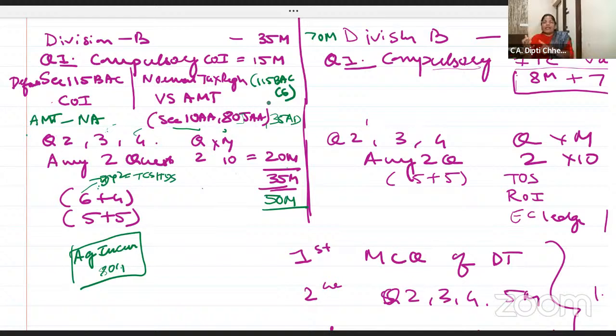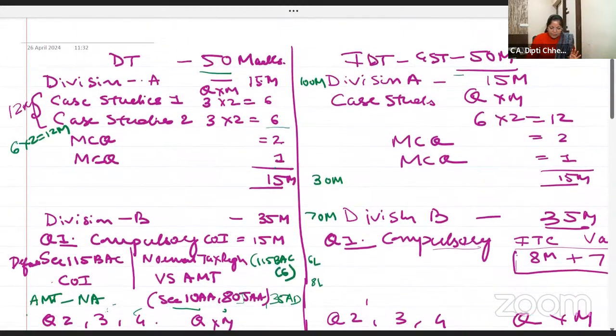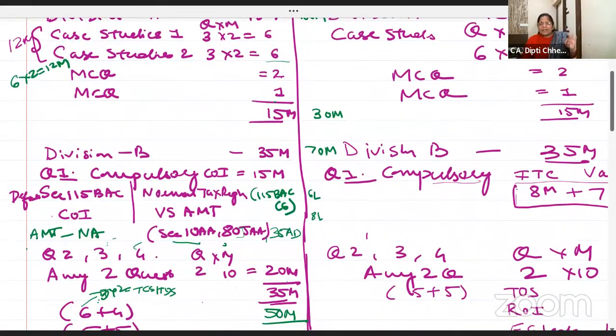But in normal, if 35AD is there, 80JJAA is there, 10AA is there, then also calculate AMT. Between AMT and normal, whichever is higher you have to pay. If your normal tax is 6 lakhs and AMT is 8 lakhs, you have to pay 8 lakhs and the tax credit can be carried forward. Okay, the mindset is clear to all of you. And calculate the tax, beta, only wherever they say.